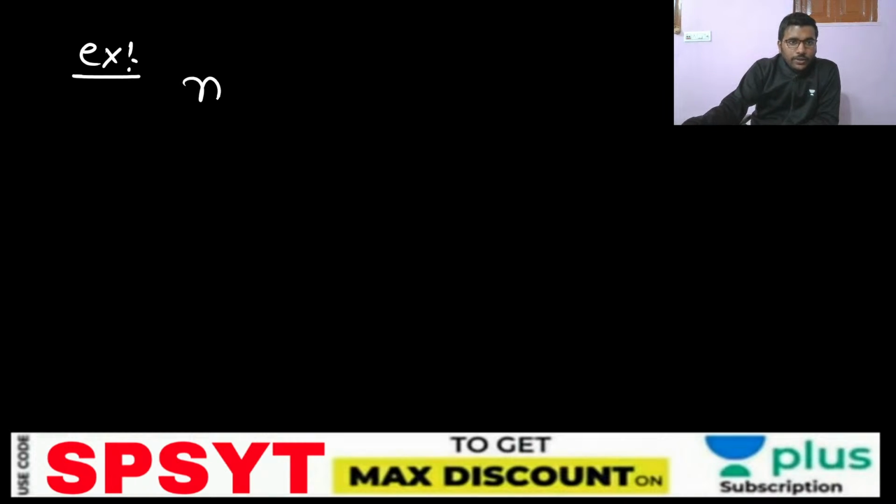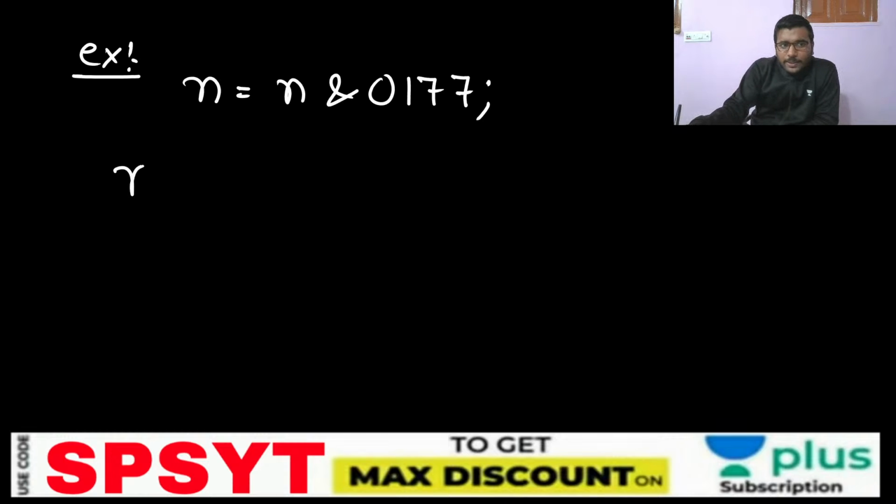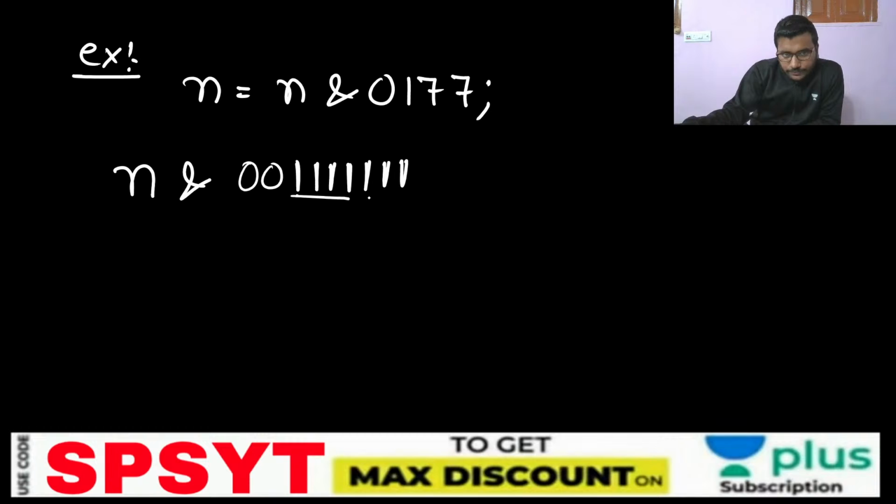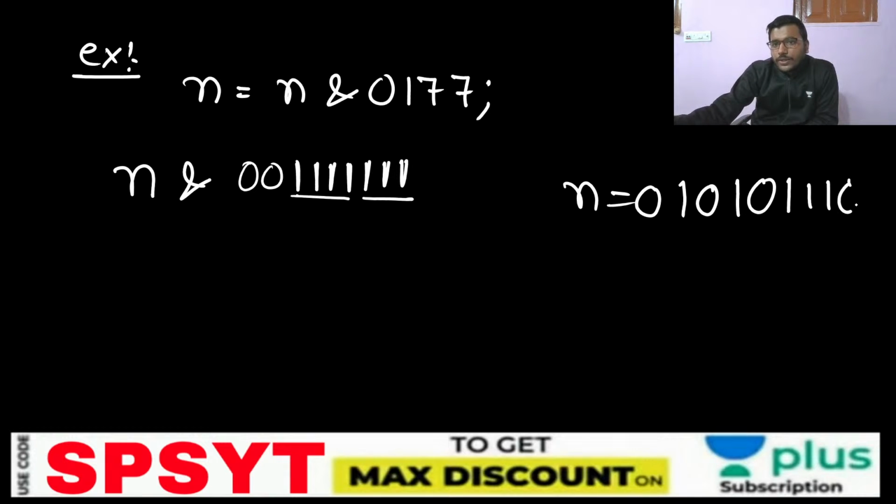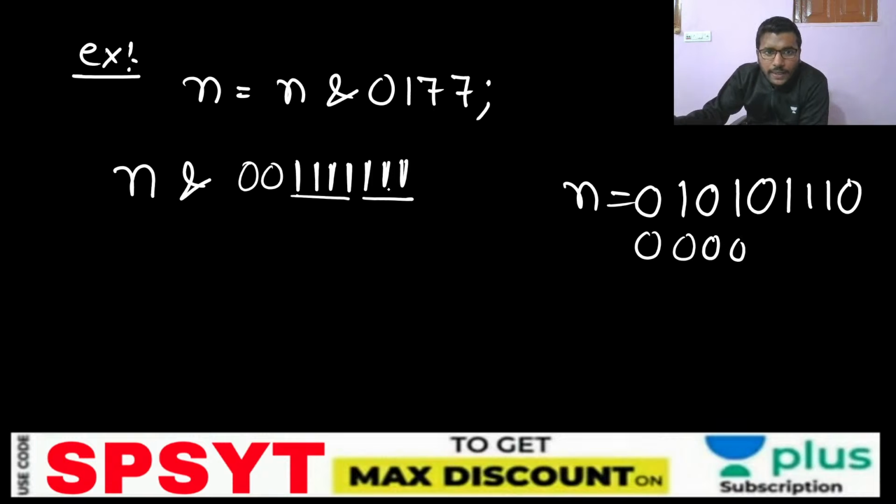Example: n = n & 0177. Whatever the bit in n is, ANDed with 0 gives 0, and the last 7 bits of 0177 are all 1. Like if n is 0 1 1 0 0 0 1 1 0, it will give 0 for the upper bits, and the last 7 bits, 1 2 3 4 5 6 7, are ones in the mask.